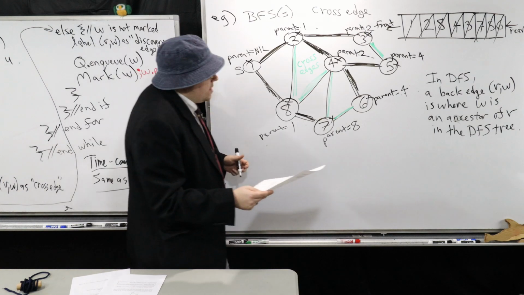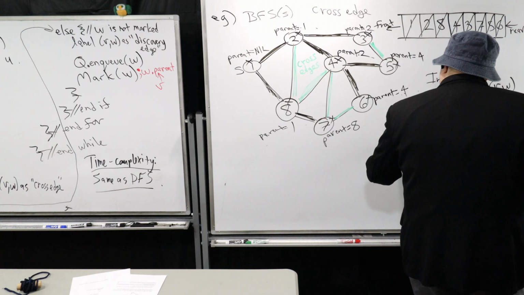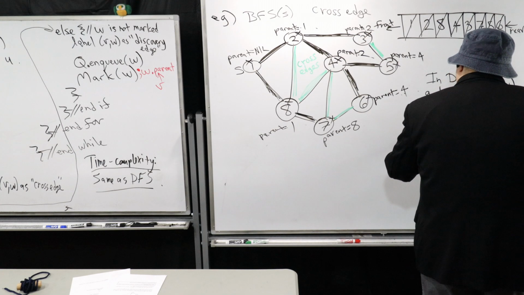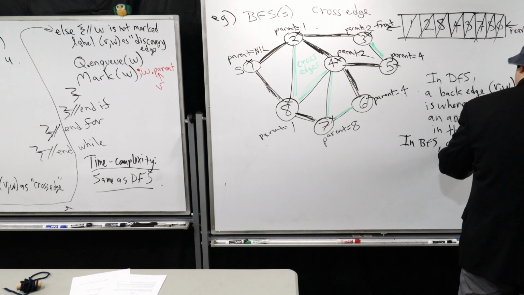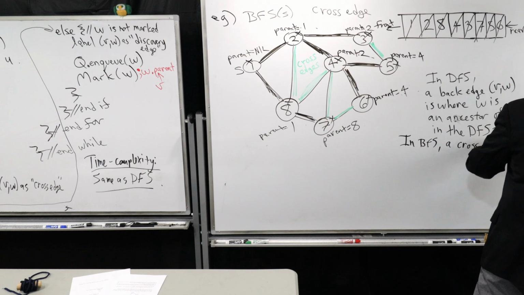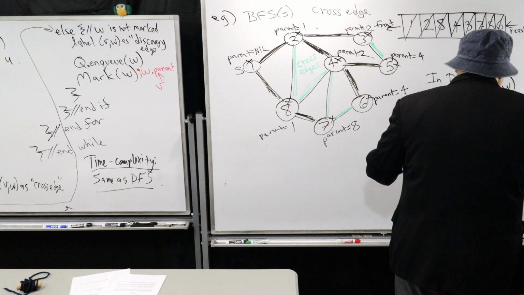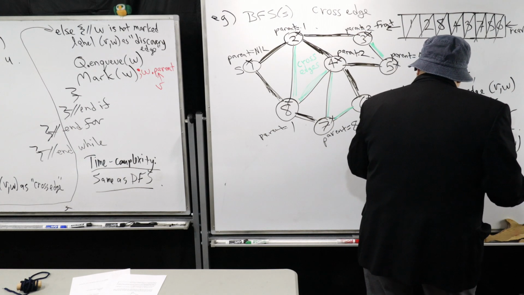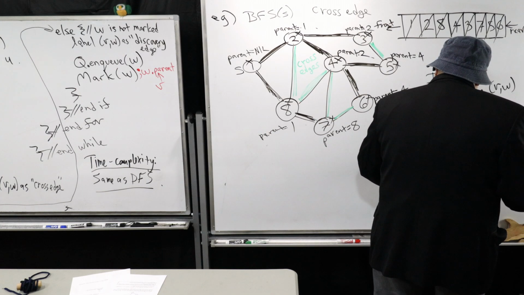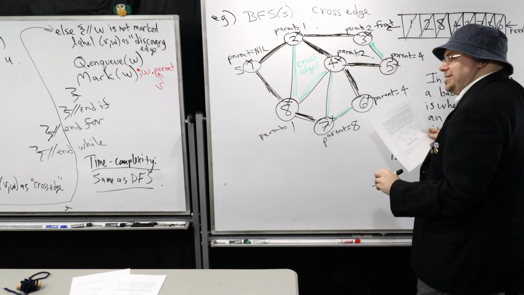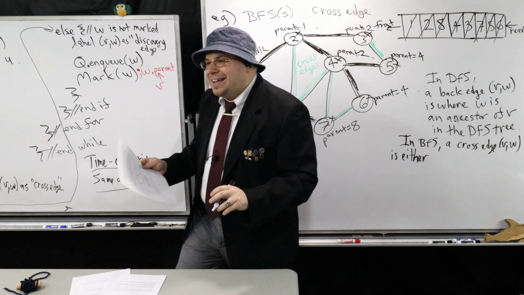So in BFS, a cross edge VW is either, so I'm going to plant a seed. I'm just being a farmer here today. I'm just planting seeds left and right. Maybe it's the hat.